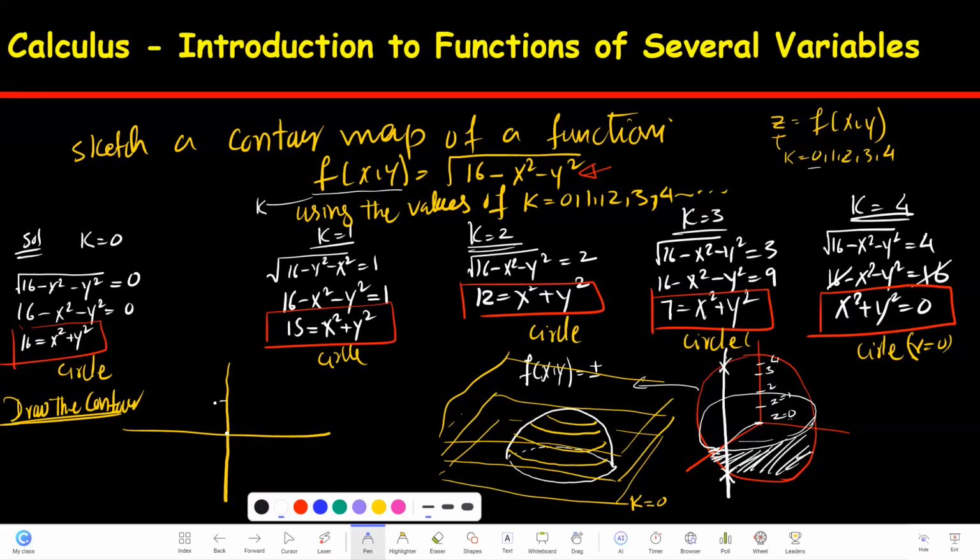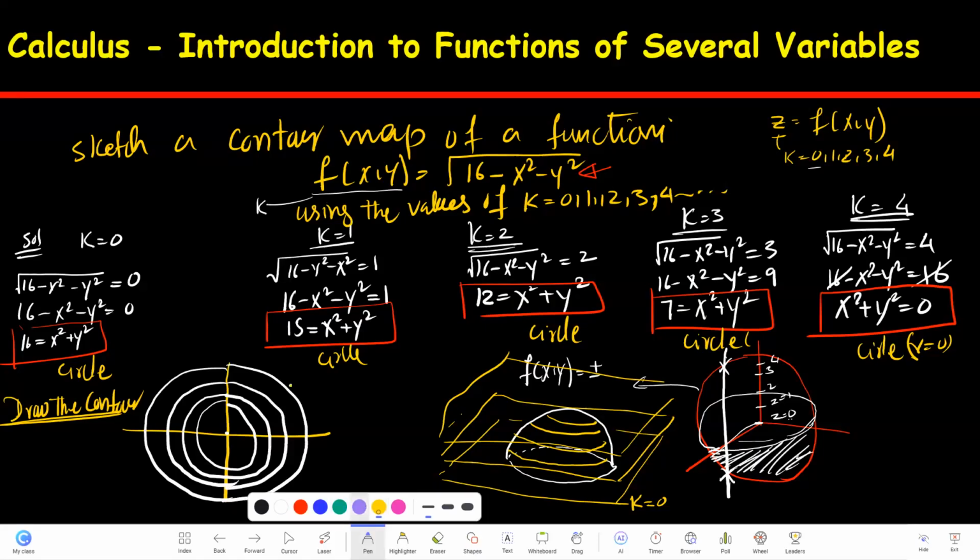So you're going to be drawing maybe like this. Then k equals 1, sorry, k equals a little bit bigger, like 3. So maybe this one is k equals 3, then again bigger, then again bigger.